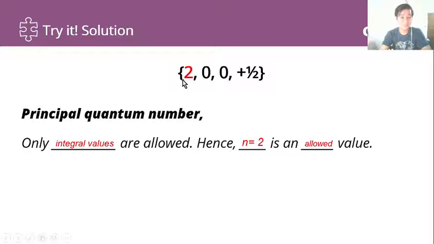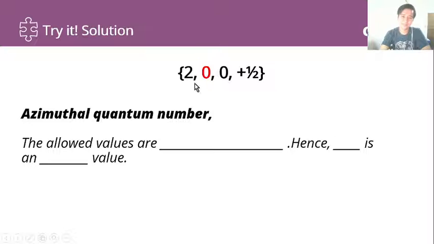Why? Because of course it's positive 2. Next, go to the second quantum number. This one is the azimuthal quantum number.